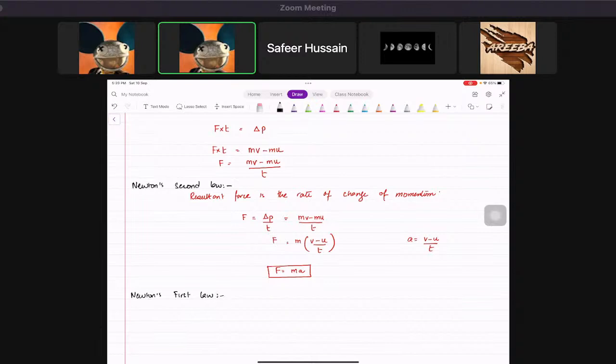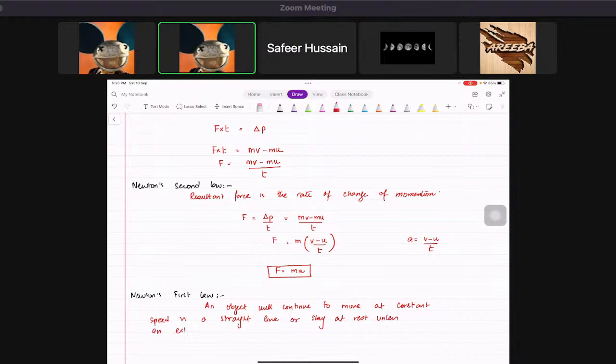Which basically states that an object will continue to move at constant speed in a straight line, or stay at rest, unless an external force acts.